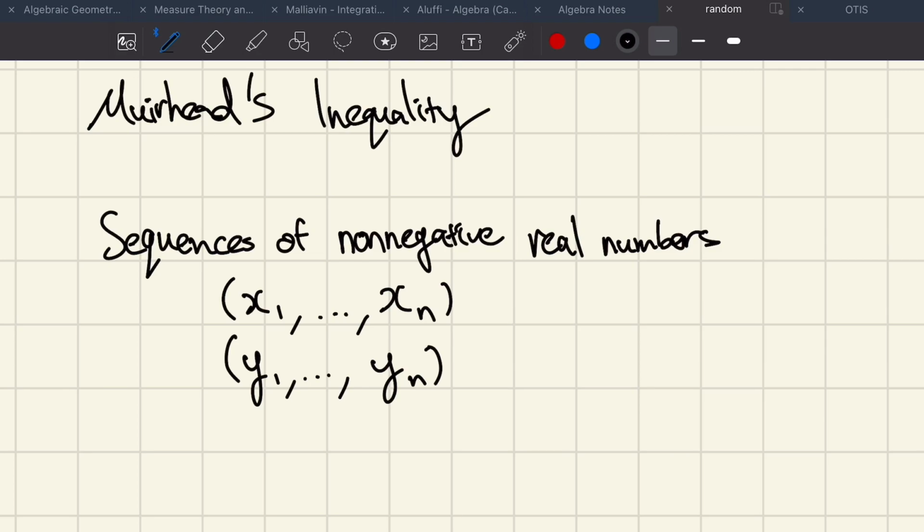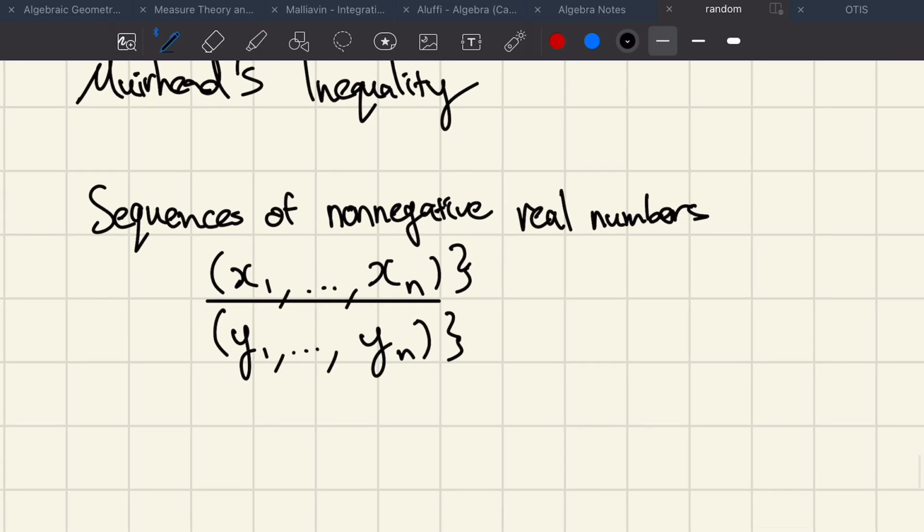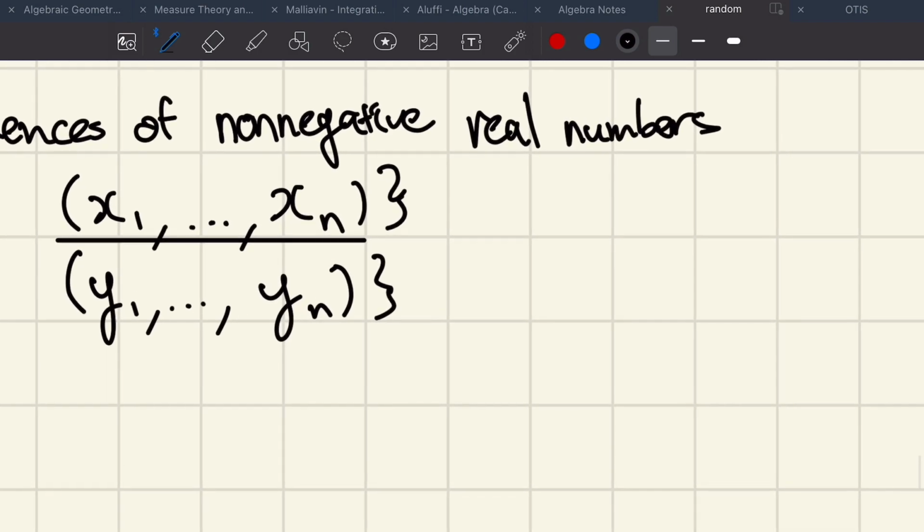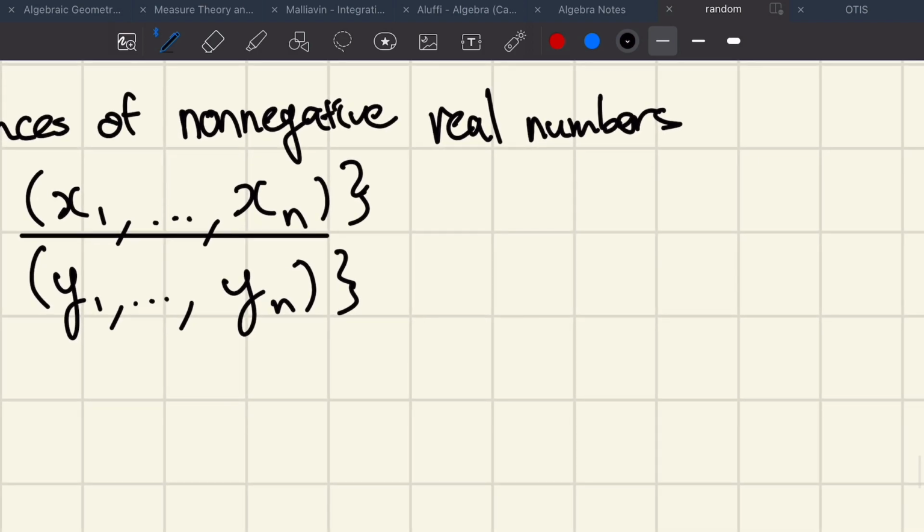Given two sequences of non-negative real numbers, say one is x1, x2, x3, and so on until xn, and then another one, y1, y2, and so on up to yn, is another sequence of non-negative real numbers. For example, for x1 to xn, say n equals 3, we could have 5, 1, 0.